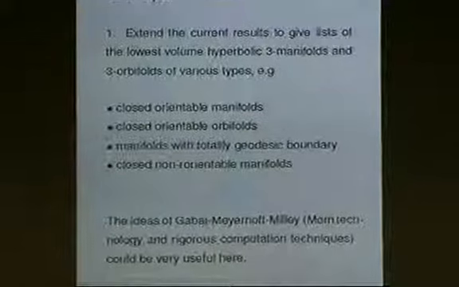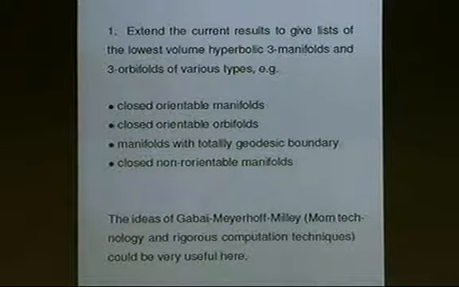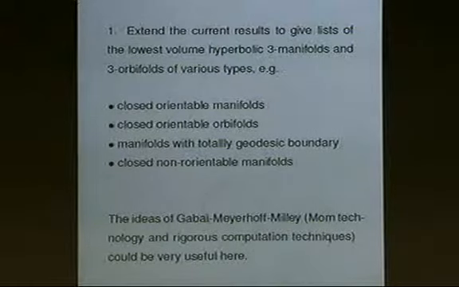I guess this work on things like knotted graph complements suggests another interesting class of examples to look at: manifolds with totally geodesic boundary. There are various kinds you could look at here.